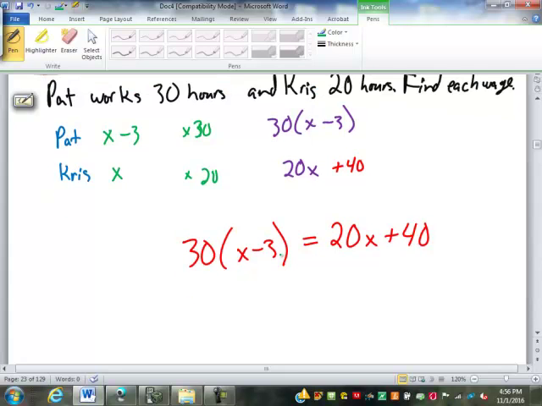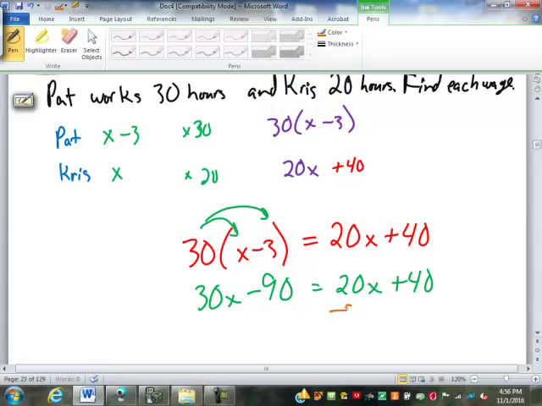Now we go to solve. We've got parentheses, we'll start there. 30 times X is 30X. 30 times negative 3, negative 90. Over here we've got 20X and plus 40. What do we do next? Subtract 20X. Very good.